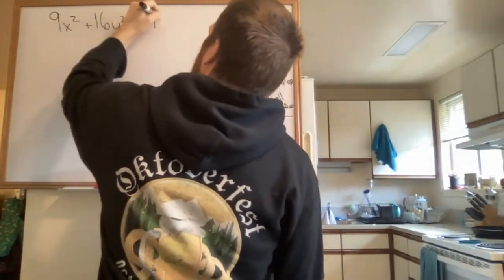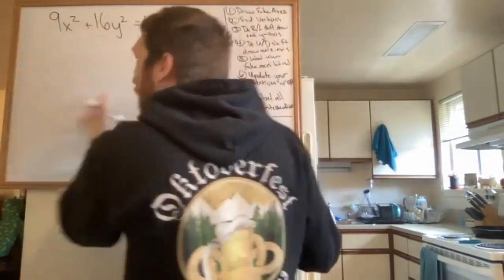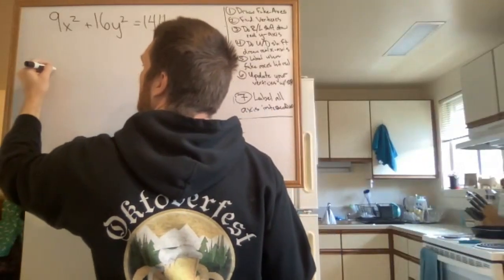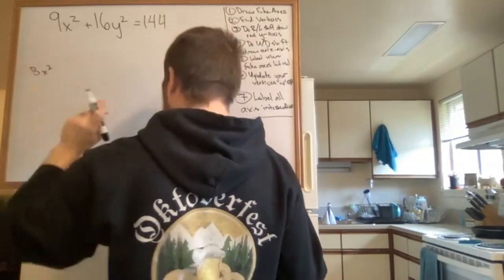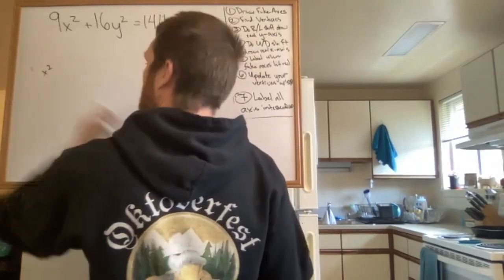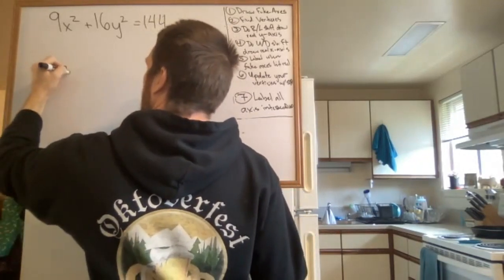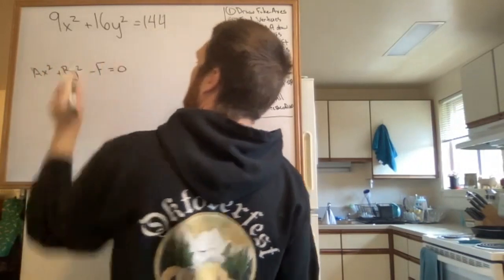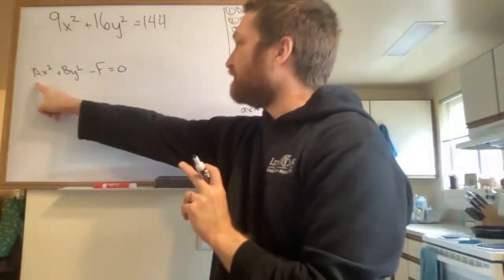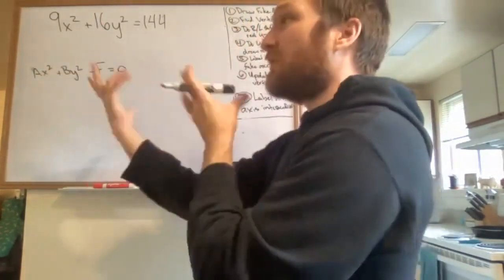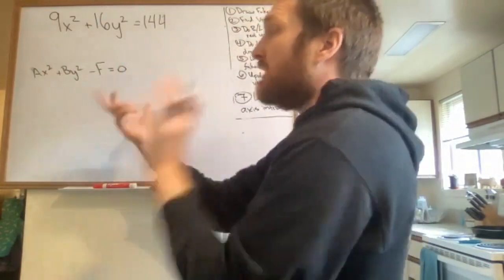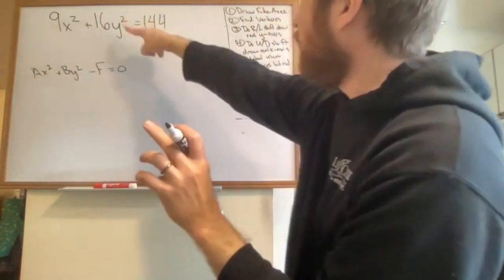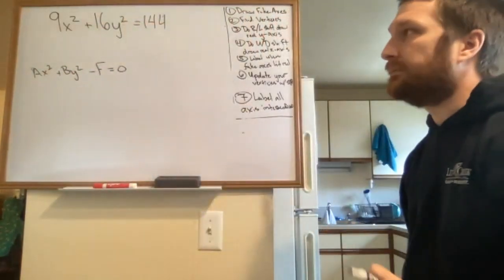Actually, if we were to write it all out, this would have been ax squared plus by squared minus f equals 0, where the a is 9, the b is 16, so they're different. They're not the same number. And then the f is a negative number so that we could bring it over, stuff like that.